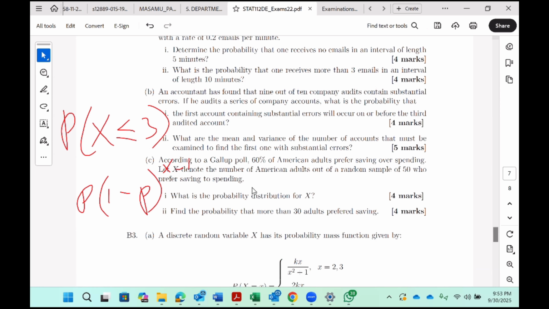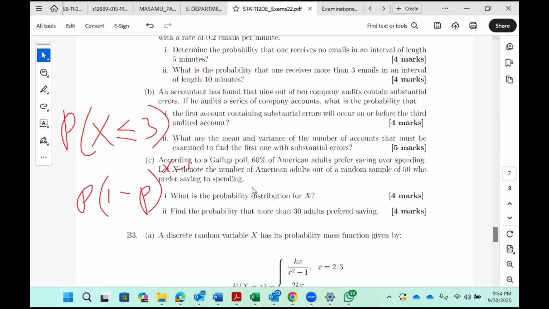When x equals 1, 2, 3: when x equals 1, you have p times (1 minus p) to the power 0, because if it happens on the first one, there will be no failure. If it happens on the second one, it will be p times (1 minus p). If it happens on the third one, it will be p times (1 minus p) to the power 2.